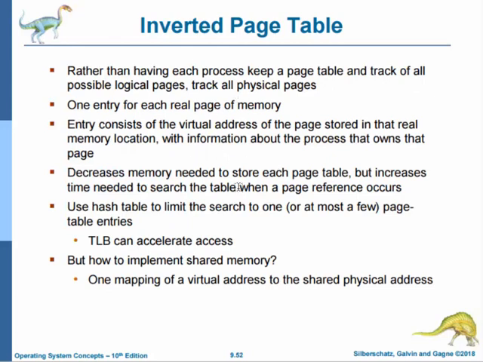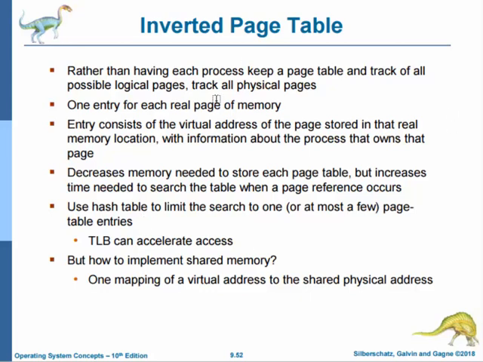Now another approach is what we call the inverted page table. Rather than having each process keep a page table and track all possible logical pages, we track all physical pages. There is one entry for each real page of memory, and each entry consists of the virtual address of the page stored in that real memory location, with information about the process that owns that page.